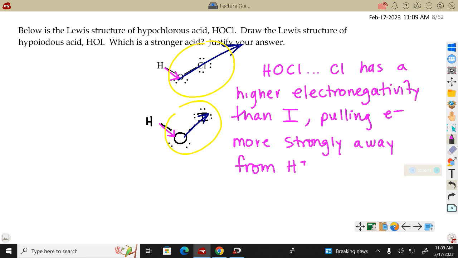And again, as I pull electrons away from hydrogen, I weaken that bond, and it's more likely that the hydrogen ion will dissociate, causing the acid to be stronger.